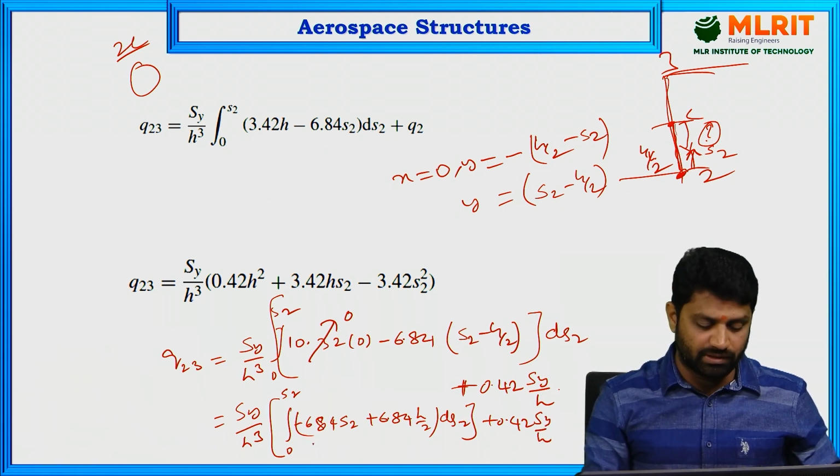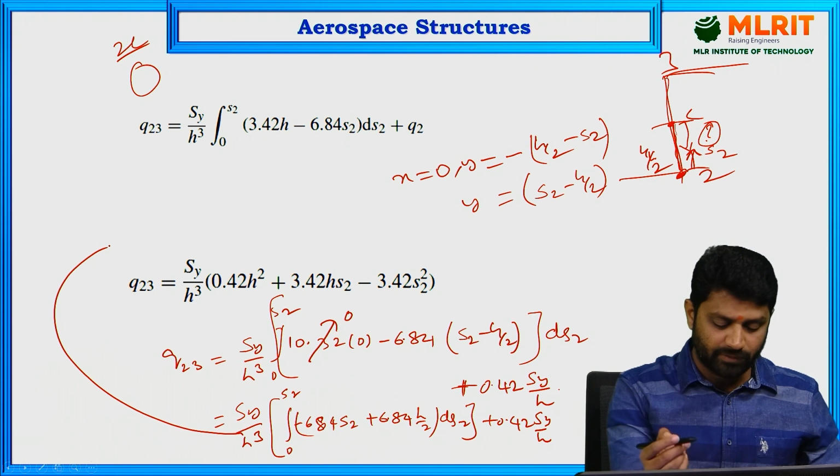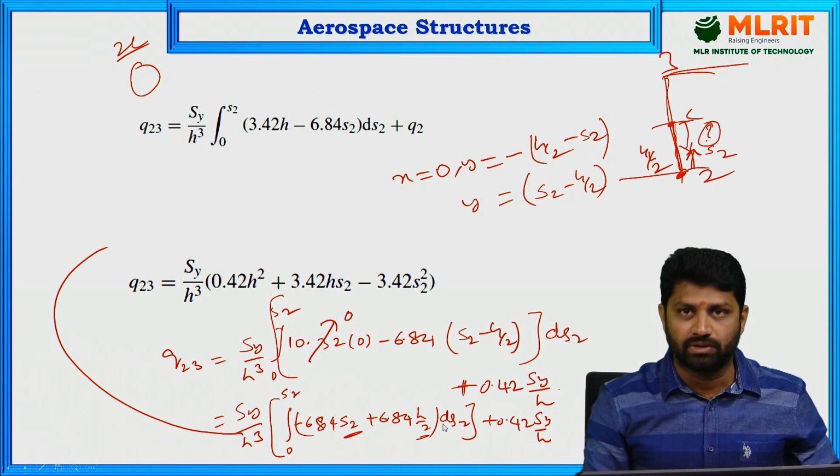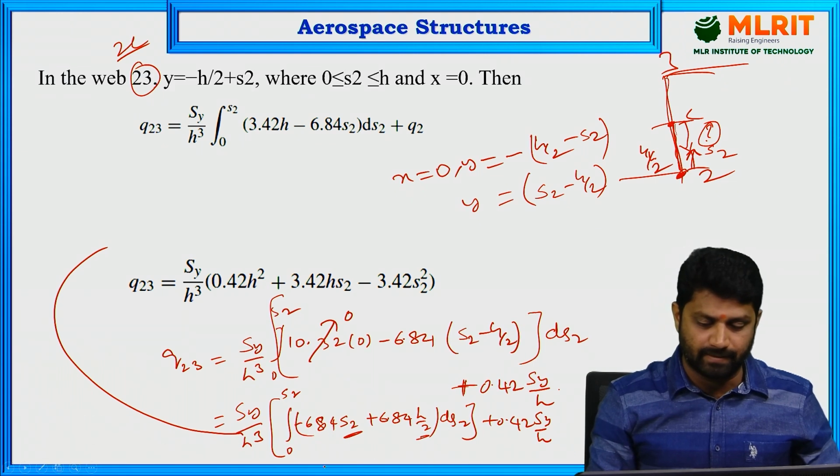And now after this, the integration, s2 integration becomes s2 square by 2, and h by 2 integration you are going to get h by 2 into s2. Okay, so that you have to write. I am writing over here.